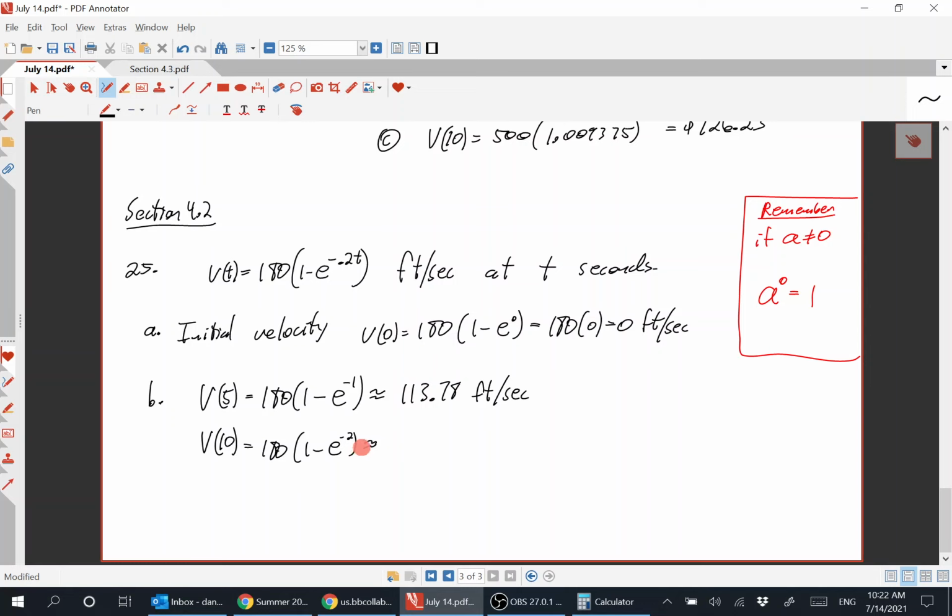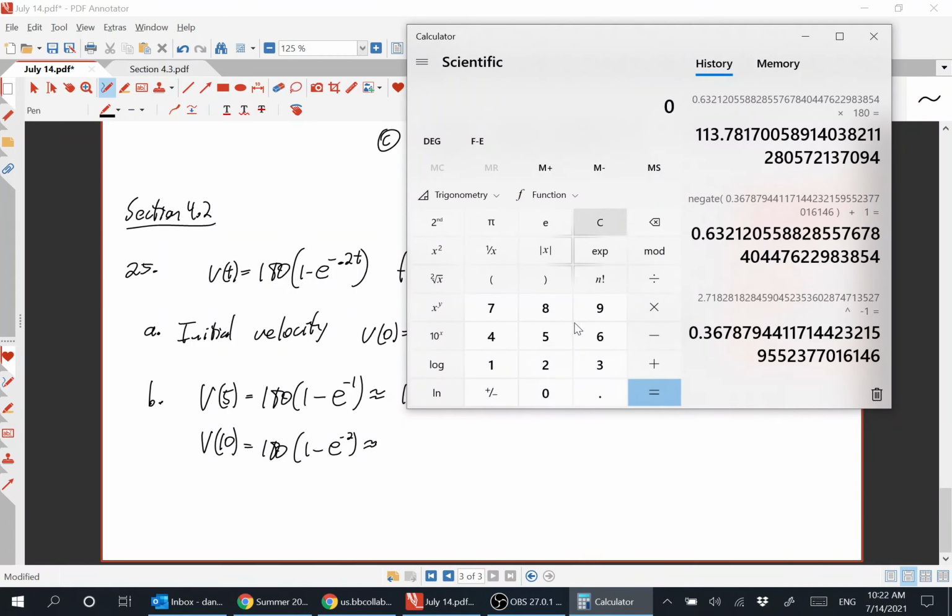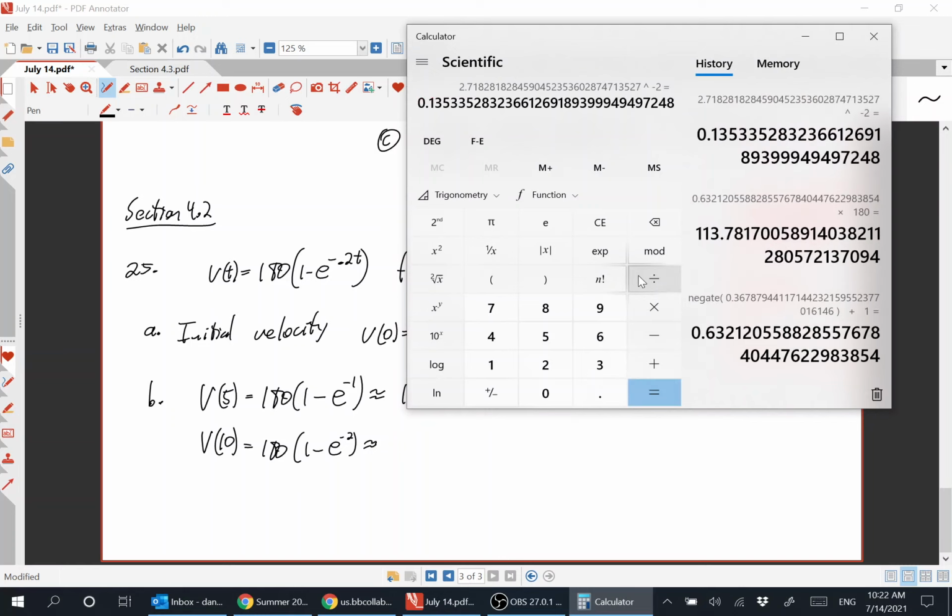And then for this one, e to the exponent negative 2. The negative button is in reverse notation with this one. You can't hit the negative button and then put 2. You have to hit the 2 and then push the negative button.